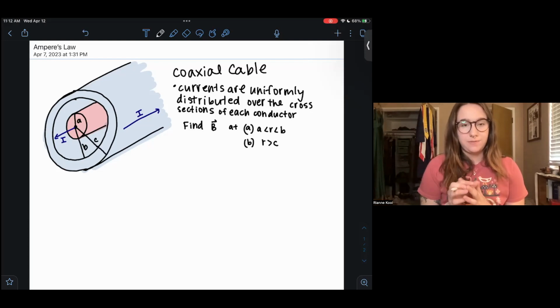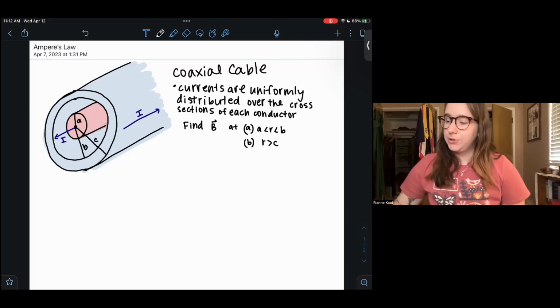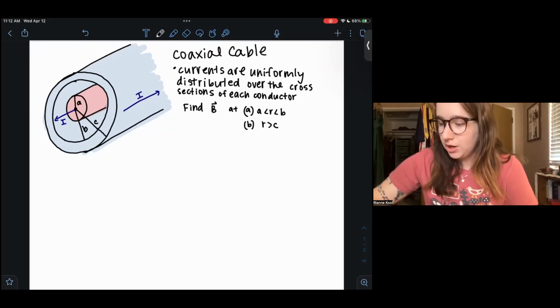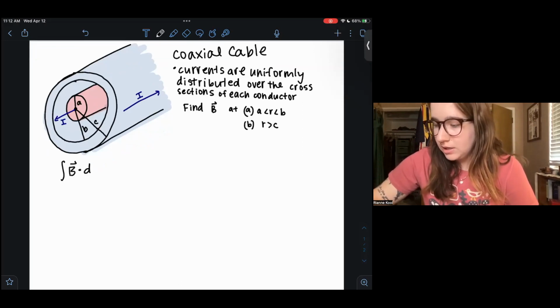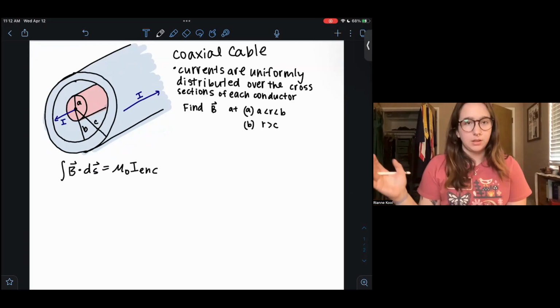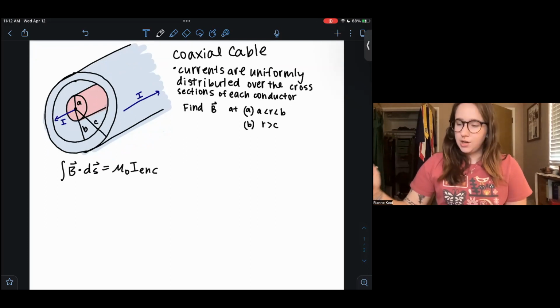And then we want to find the B field at a radius greater than C. So let's just get right into it. Our first thing is to write out Ampere's law, which is the integral of B dot ds equals mu naught times I enclosed. So let's start with A.